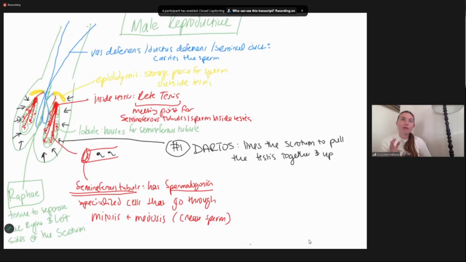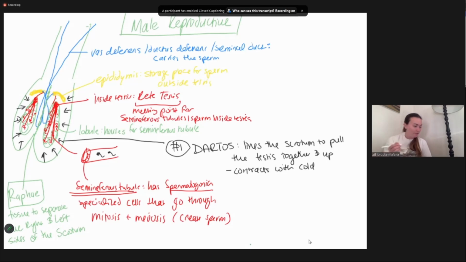If the environment is too cold, the dartos muscle will pull the scrotum towards the body to help warm up the sperm. If the environment is too hot, the dartos muscle relaxes so that the testes can get further away from body heat. Does that make sense? So the dartos contracts with cold, to keep sperm alive.